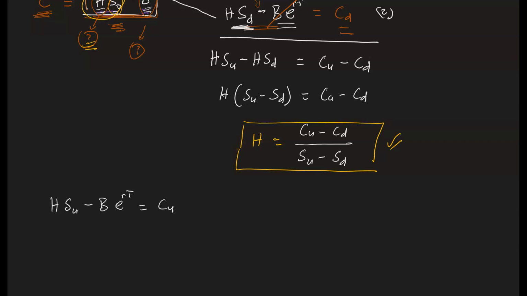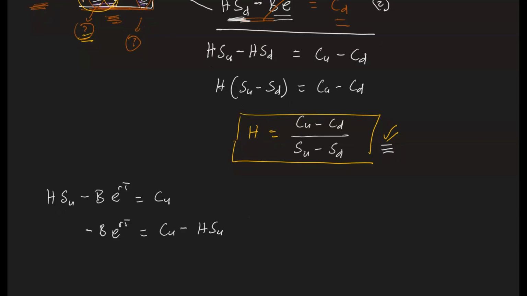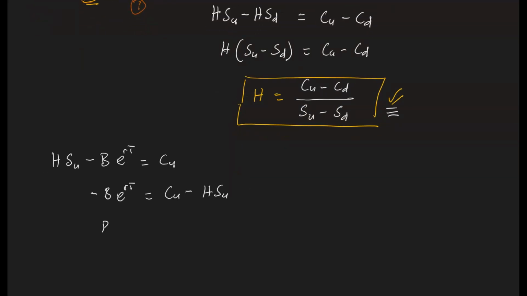Now we assume that we know h because that's what we have here. So minus b future value is going to be equal to call up minus h S up. And we multiply by minus 1, so b future value is going to be equal to h S up minus call up.